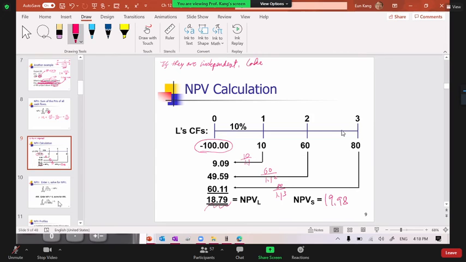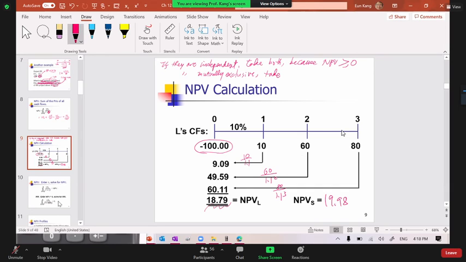Take both, because the NPVs are greater than or equal to 0. If they are mutually exclusive, then take what? S.